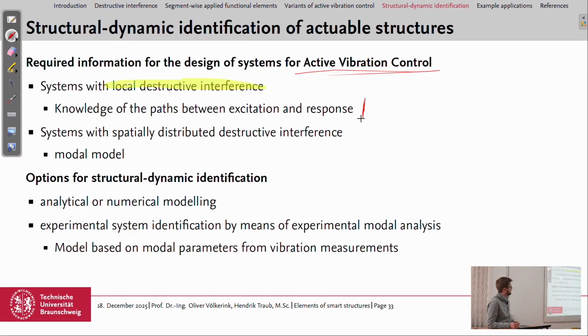So we need the knowledge of the path between excitation and response. And for the distributed or modal destructive interference, we need a modal model of the structure. We need the generalized mass and stiffness. And we can identify it, of course, with modeling approaches, analytical or numerical modeling. Or we can do an experimental system identification by means of experimental modal analysis to build a modal model based on the modal parameters.